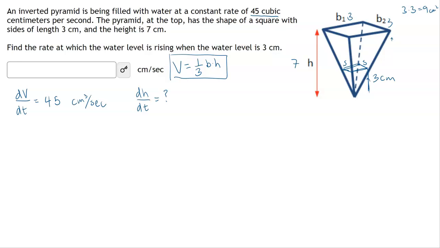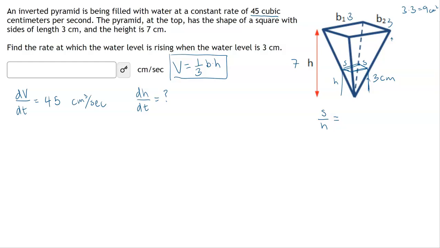Maybe one way we could do this is we should recognize that these are similar shapes. And so perhaps we can use a proportion to kind of make that up. So one thing that we know is that if we were to compare S to H, right, the side length to the height, in this case it's 3, but again, it could be any height. Well, one thing that we know is it's going to be proportional. So why don't we just use it as in proportion to the entire thing?